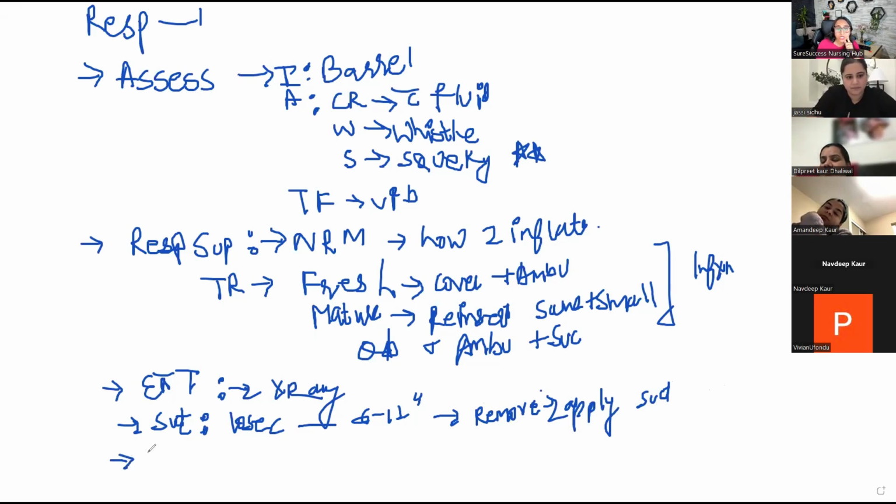Positioning, right? If the patient is conscious, then semi-Fowler position. If unconscious, then side-lying. And mention the ventilator sound.